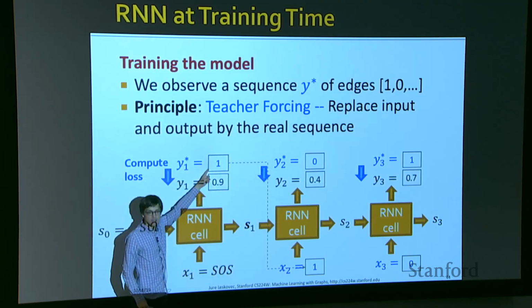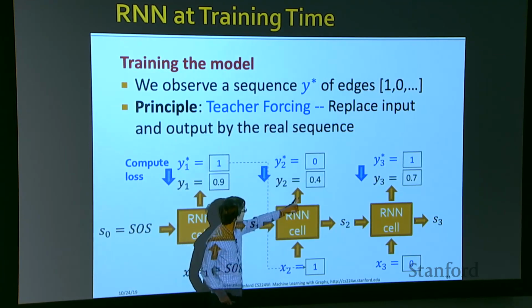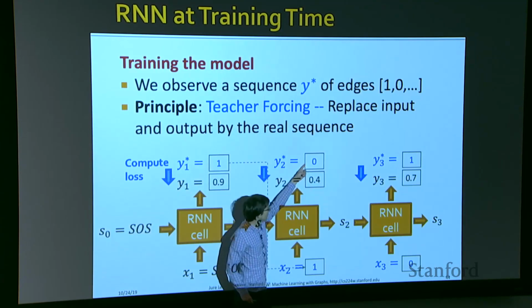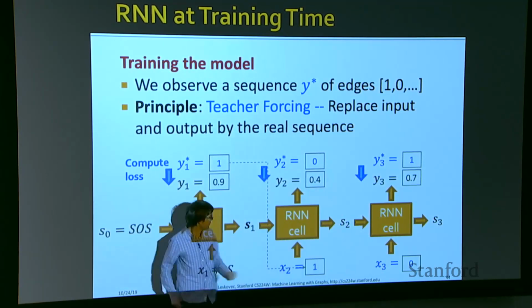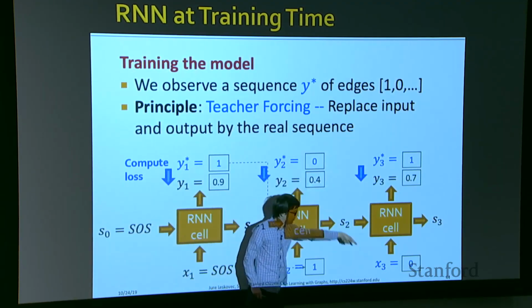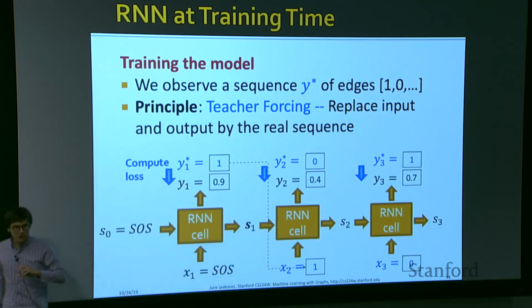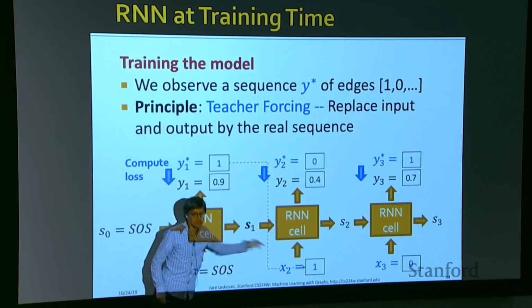You just take the real thing as the input to the next step. And you push it out, you get the probability, but again, you take the real edge and feed that in to the next step. So essentially, you ignore the student and what the student does, and just push the truth to the next step. So essentially, the teacher is correcting the student after every step.